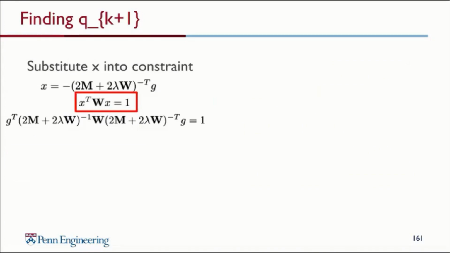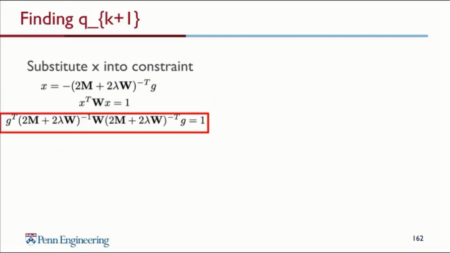If we substitute x into the constraint and organize it into the constraint x transpose Wx is equal to 1, we'll end up with the expression that you see here.